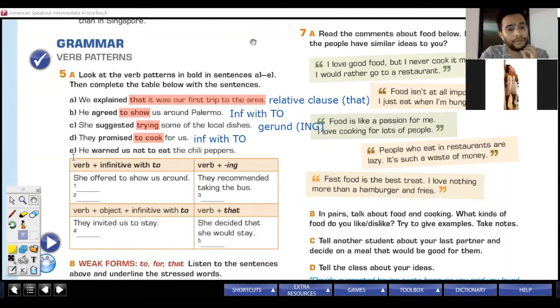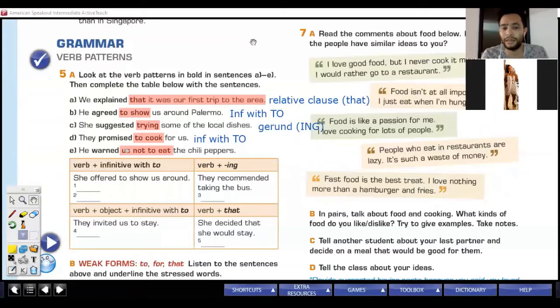Then letter E. He warned us not to eat the chili peppers. Now we got another pattern right here. A little similar to B and D, right? But this has something else. After the word warn, we got an object, us.